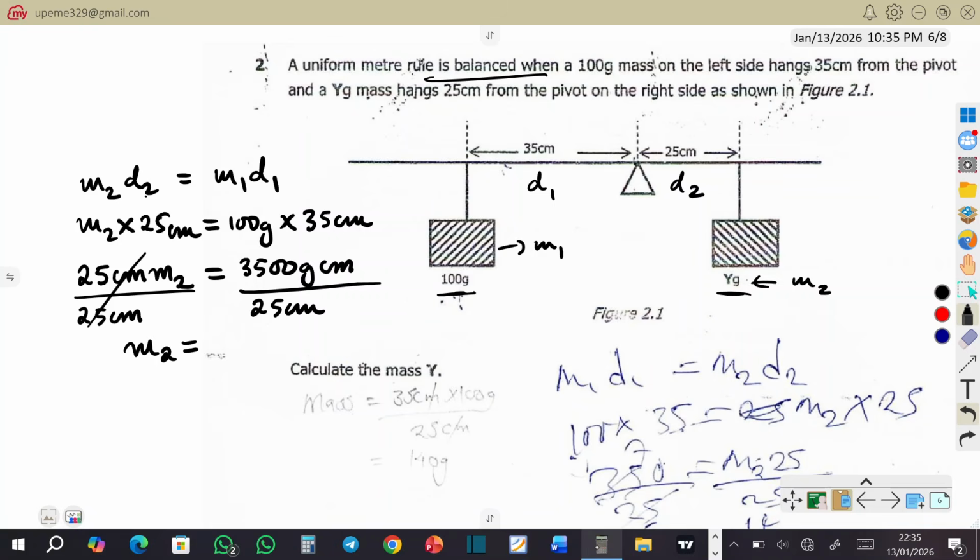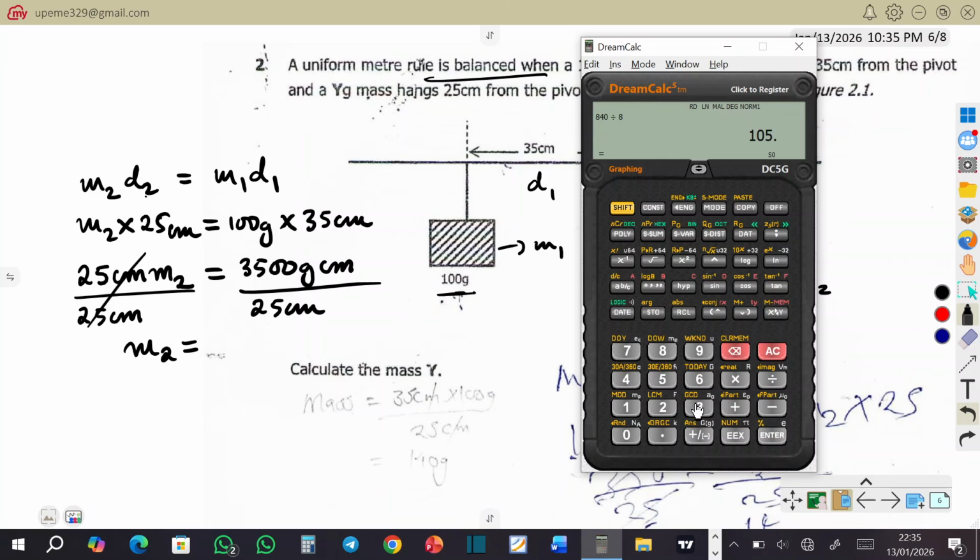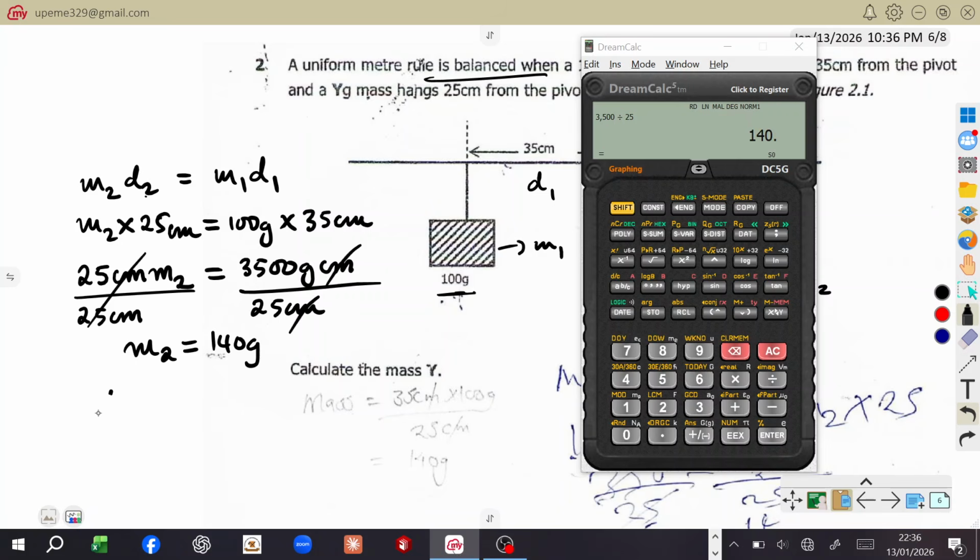Then we'll say, okay, 3,500 divided by 25, you are getting like 140. So this and that goes, so you have 140 grams. So therefore y is equal to 140 grams.